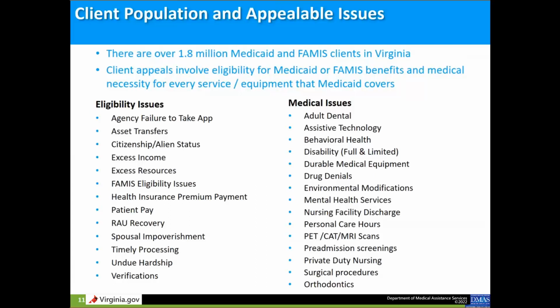The Appeals Division also has authority to hear appeals from recipient audit unit actions to recover misspent funds directly from appellants. On the medical side, the Appeals Division hears a significant number of appeals related to the provision of medical services, the most common of which are pre-admission screenings, personal care hours, dental, and nursing home discharge appeals.